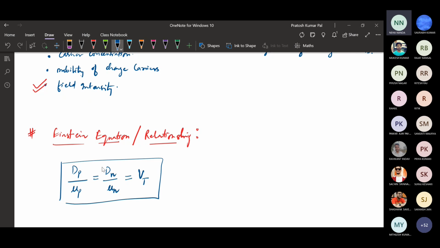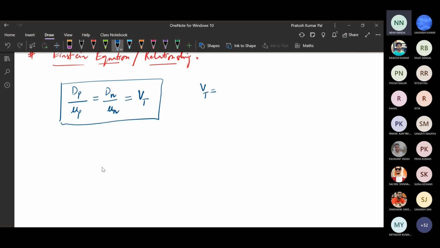This Vt is called the volt equivalent of temperature.